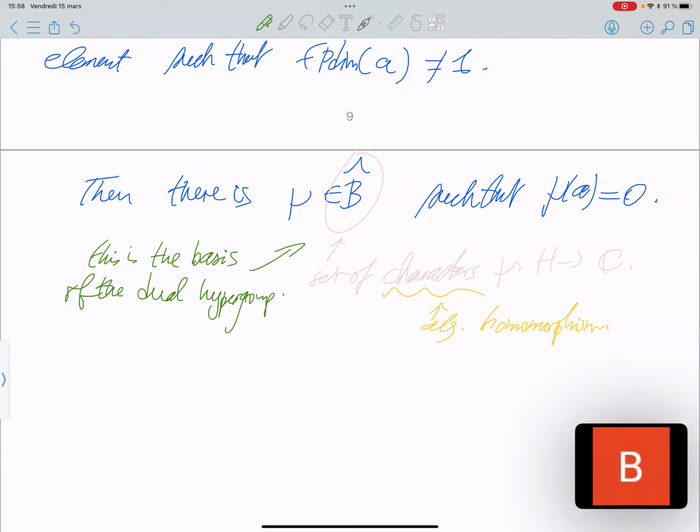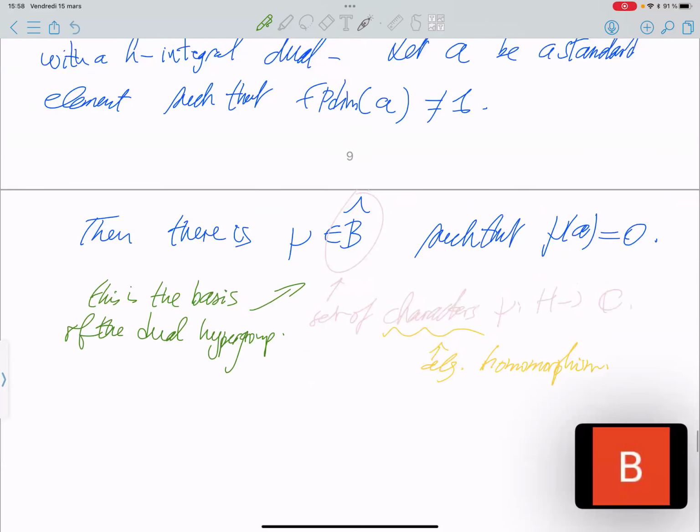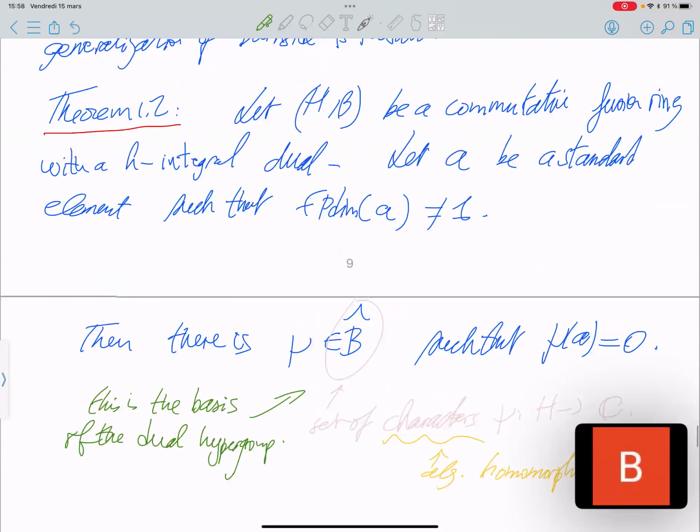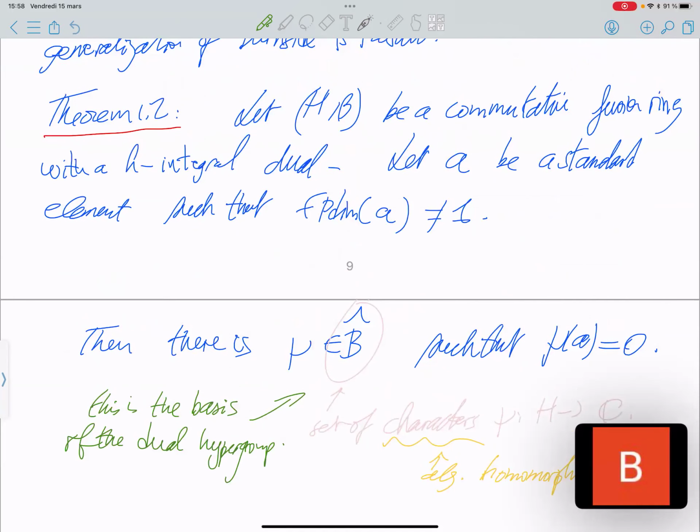So it's exactly as for the group character table. What we call the standard element for a character table is the character of the group, or an irreducible representation, or a row.